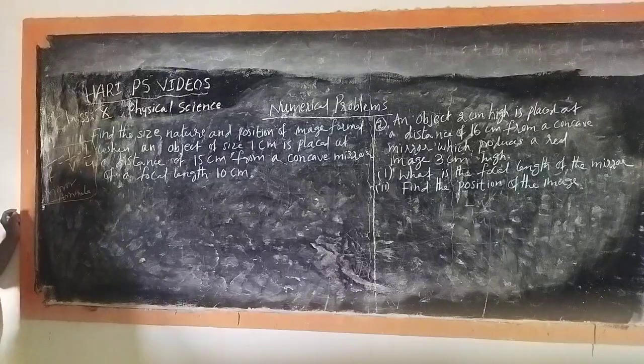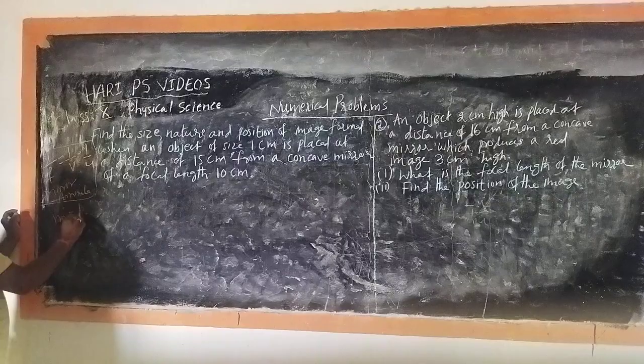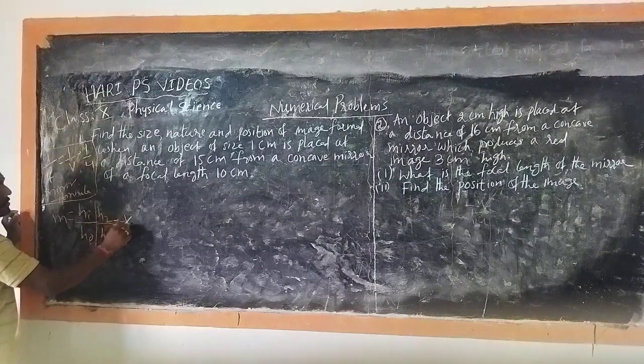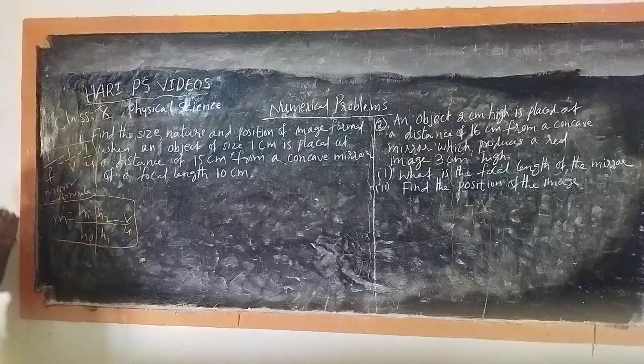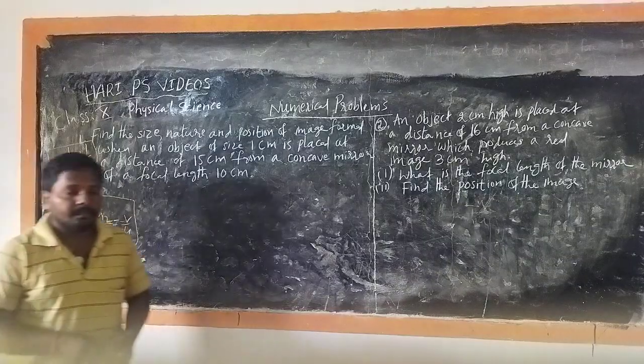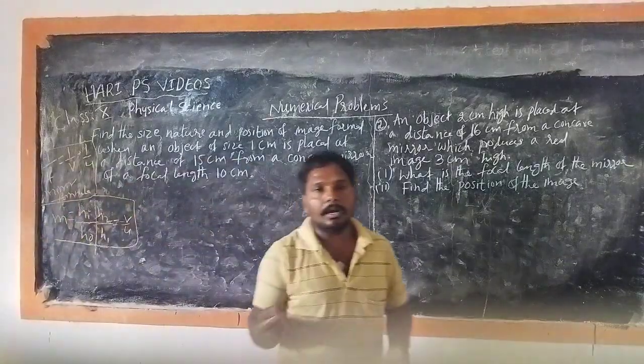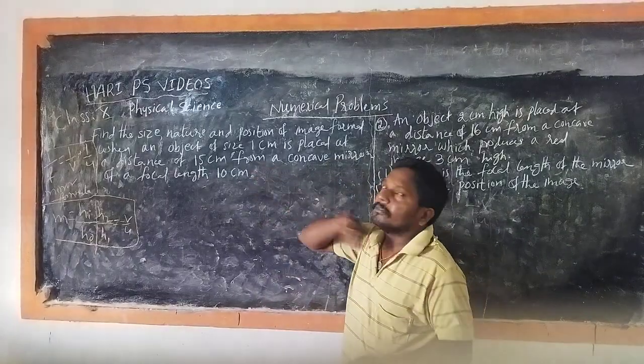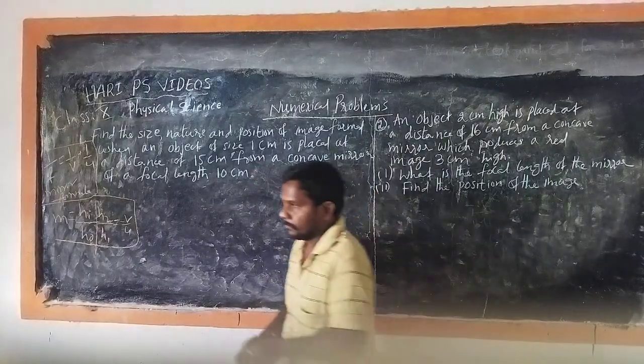Then magnification m is equal to height of the image by height of the object, or h2 by h1, that is equal to minus v by u. So these are the two formulas, for either the convex mirror or the concave mirror. Let us solve the first problem.